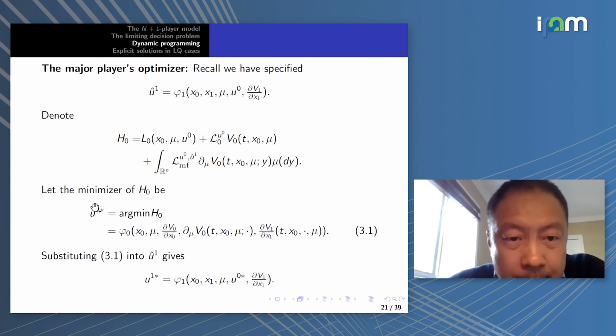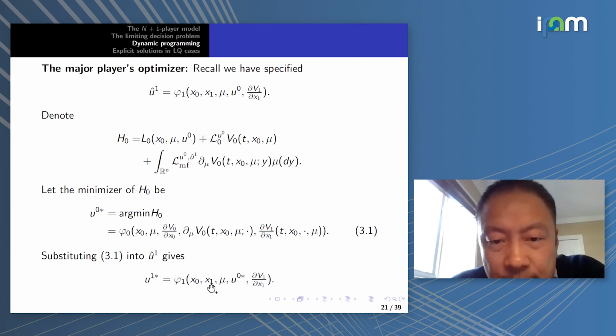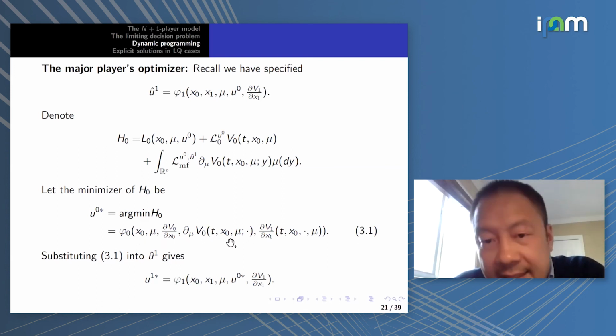After this, we plug this mu0 star term into the minor player's initial strategy. So it's updated into this feedback form. Remember that this mu0 star term is already given as a function of the state.